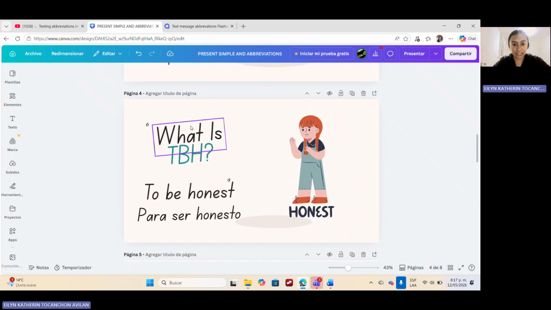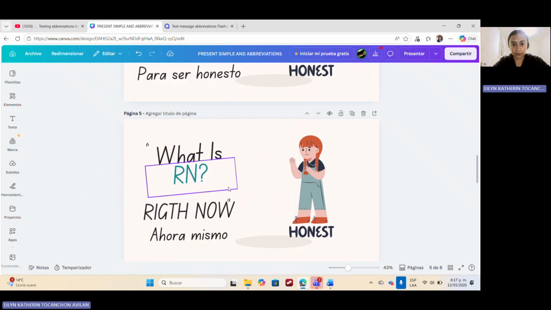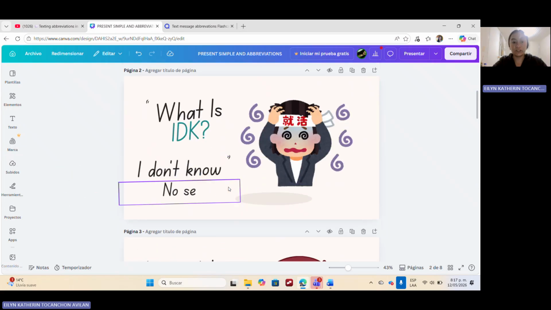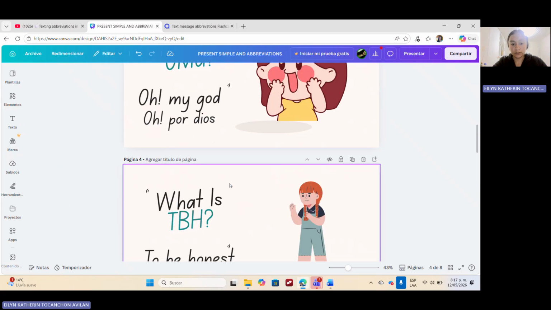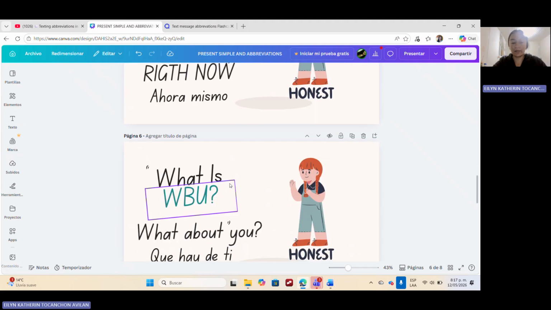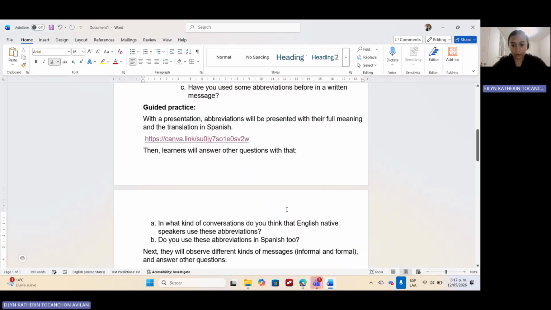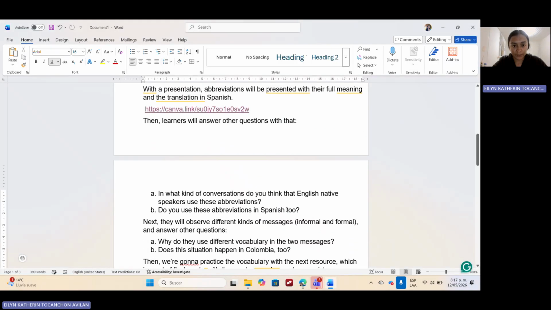It's the same with the others: I don't know, oh my God, to be honest, right now, what about you? This is the most common for a text message.